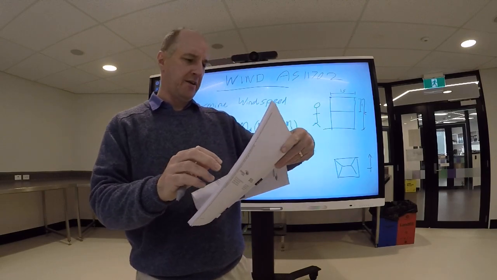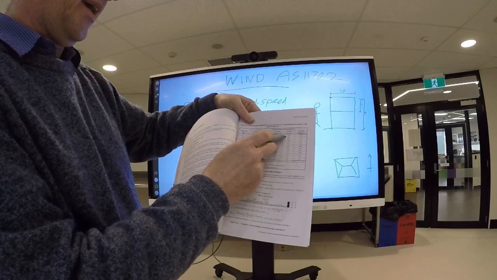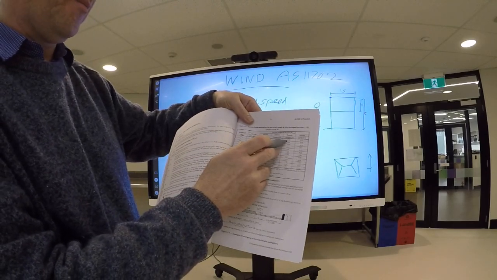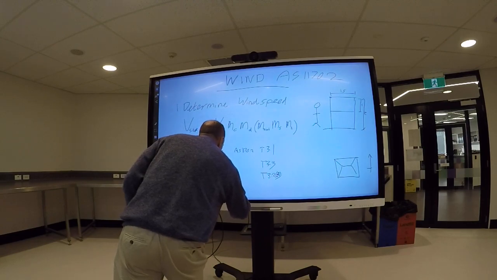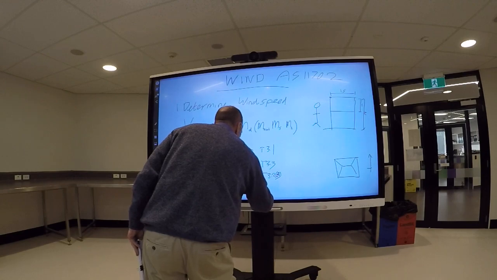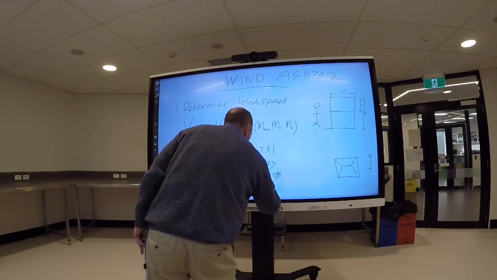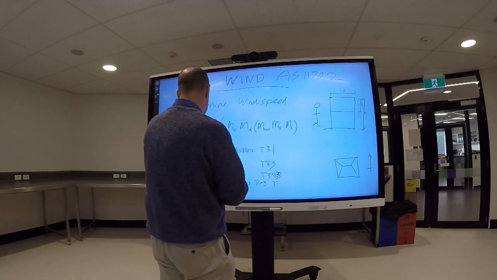For terrain category 3, and height less than 3 meters, you get 0.83. So MZ cat equals 0.83, where H is less than 3, terrain category equals 3, table 4.1.